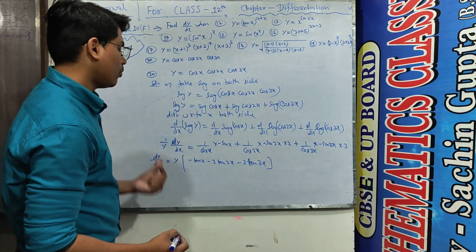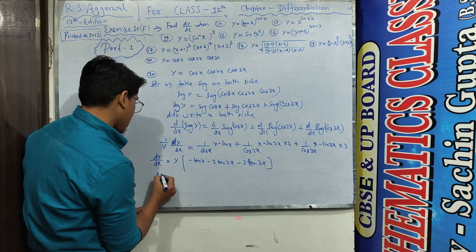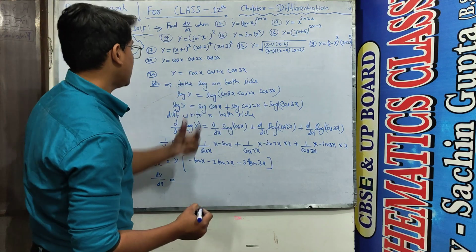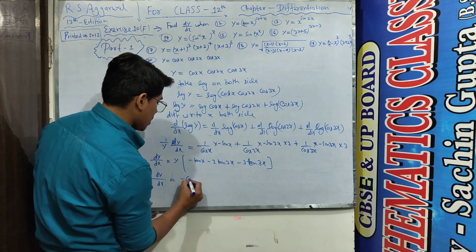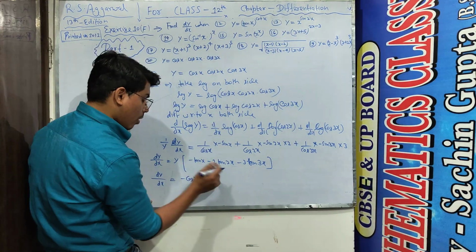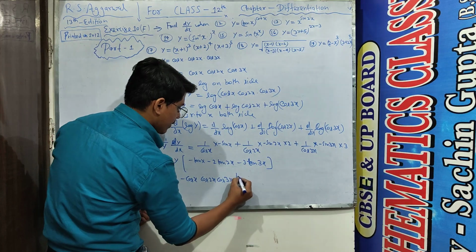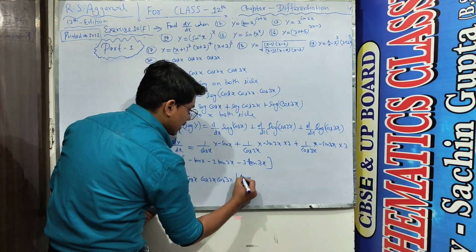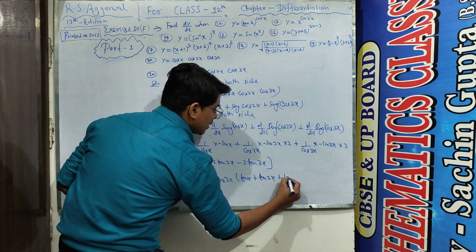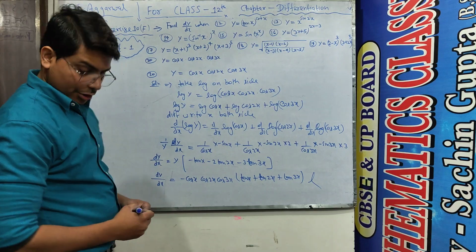Now I put the value of y and take the minus sign common, then it looks like: minus cos x cos 2x cos 3x. This minus I take common inside of the bracket, then it becomes tan x plus tan 2x plus tan 3x. This is our answer of question number 20 student.